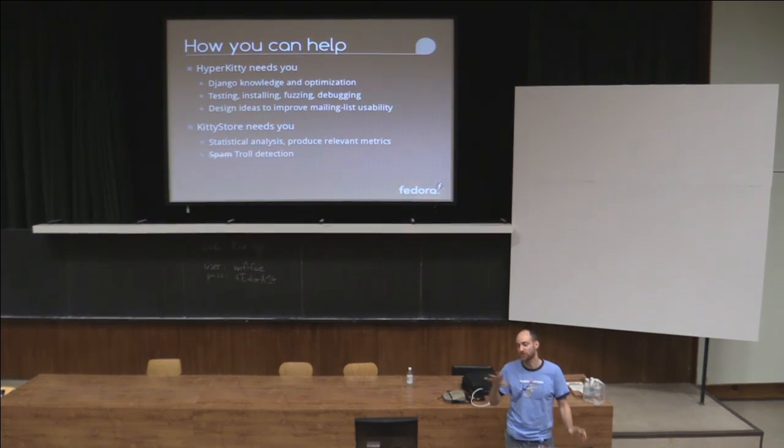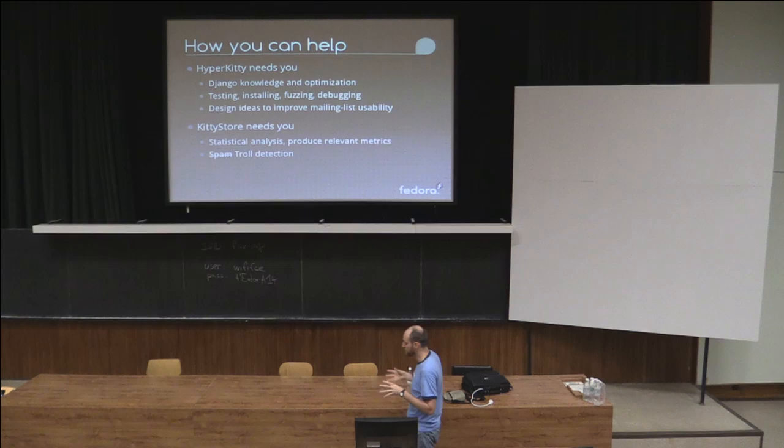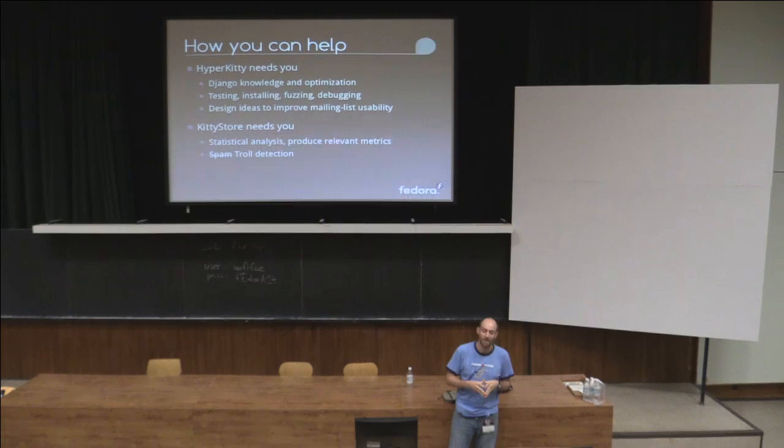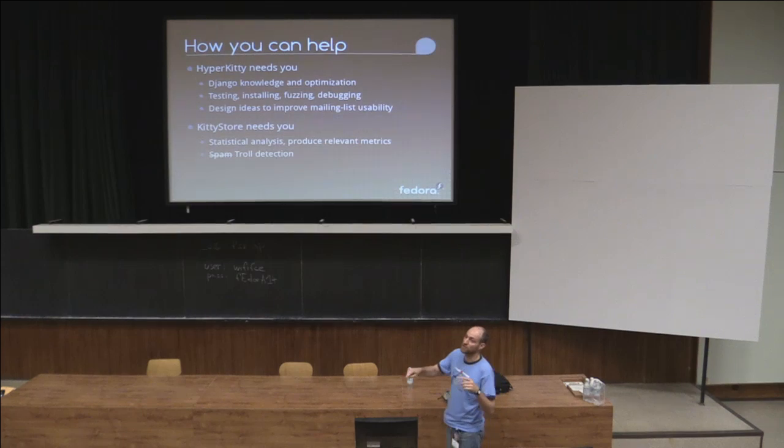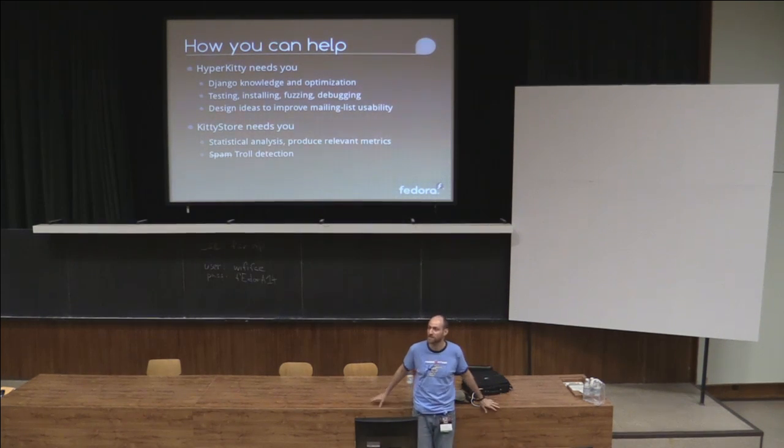And HyperKitty Store, so the backend, has the ability to run stuff when email arrives. So that's where we can do very interesting things like statistical analysis, create metrics, maybe try to detect not spam but flame wars, maybe something like this. There are very common patterns in flame wars, like two people replying to each other for tens of emails.